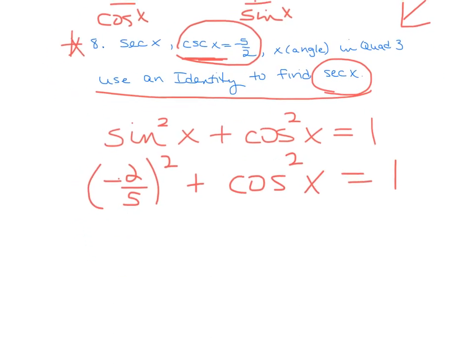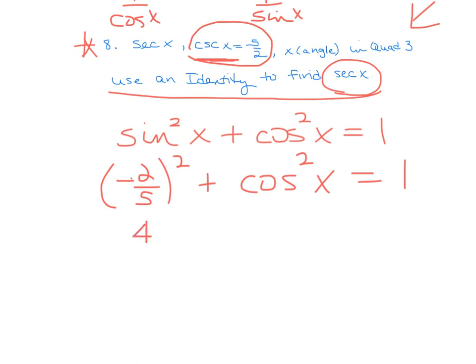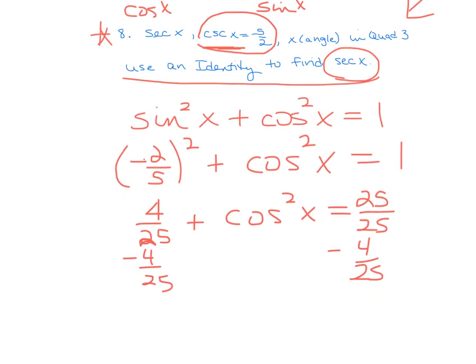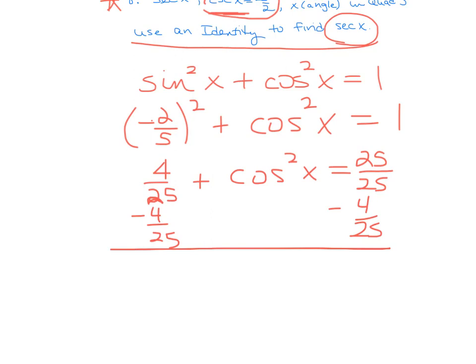I'm going to square the negative 2/5, so this becomes 4 over 25 plus cosine squared x equals 1. I'm going to change the 1 into 25 over 25 because I need to subtract the 4/25. Let me move it over now. So now cosine squared x is equal to 21 over 25.